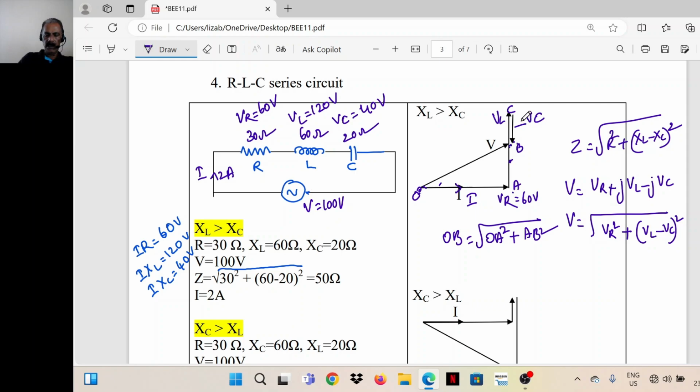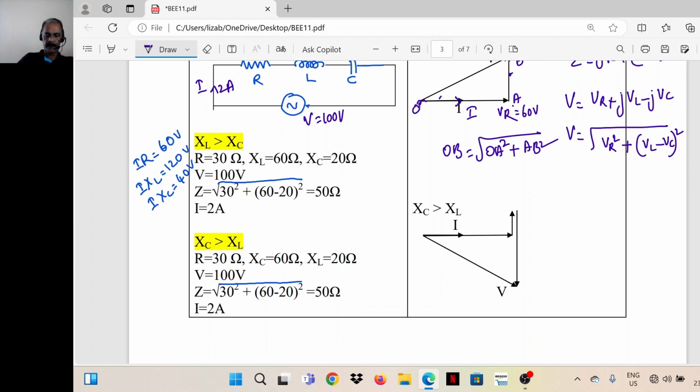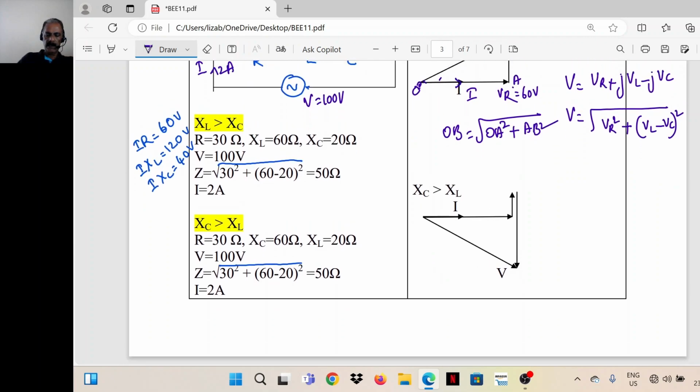So if XL is more than XC, this will be the phasor diagram. So next case is XC is more. XC is more, what happens? This is the reference current I. This is VR in the same phase of I. This is VL.